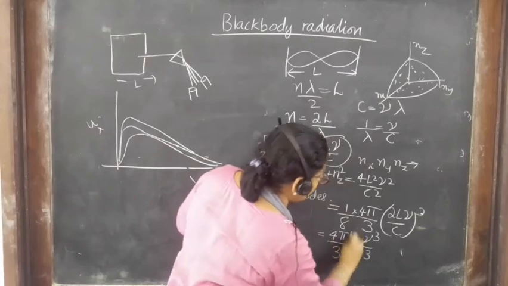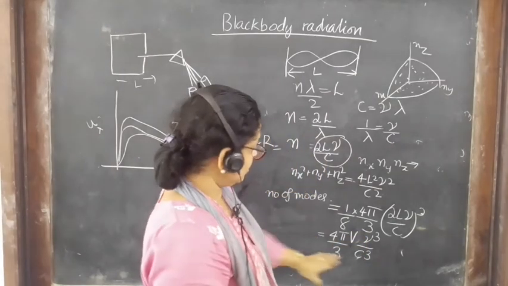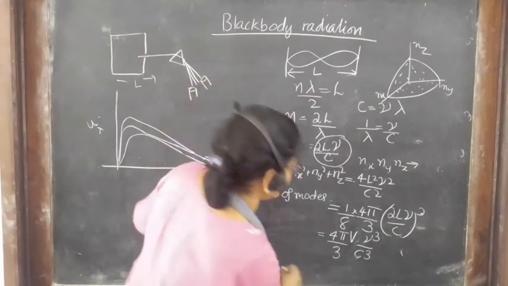This l cube is the volume. So this tells me the number of modes.